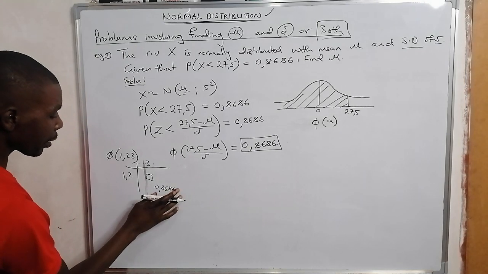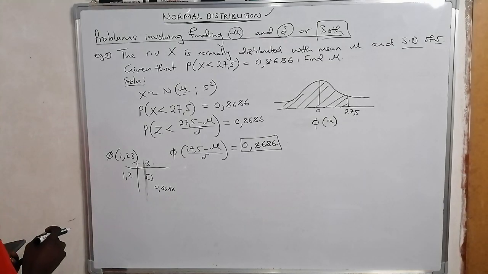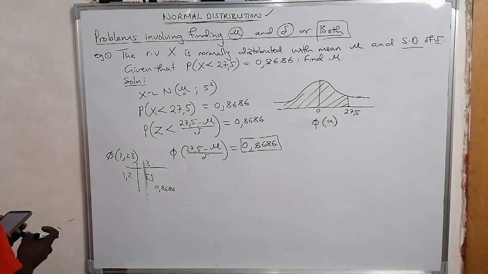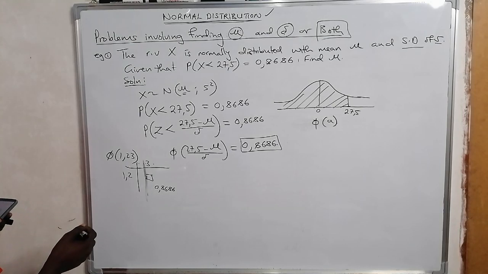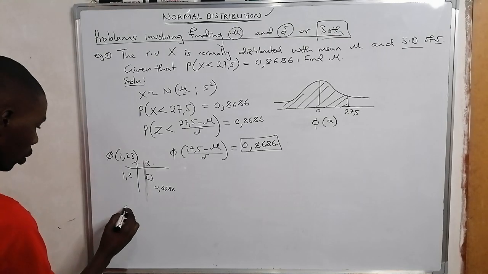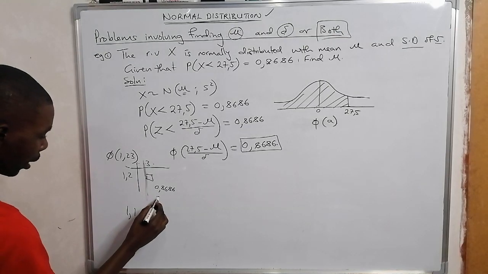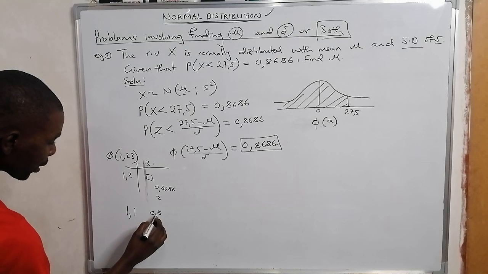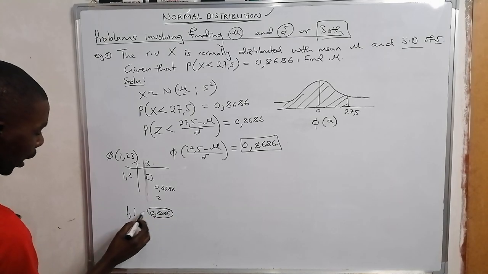It is under 1.1 under 2, so we take 1.12.